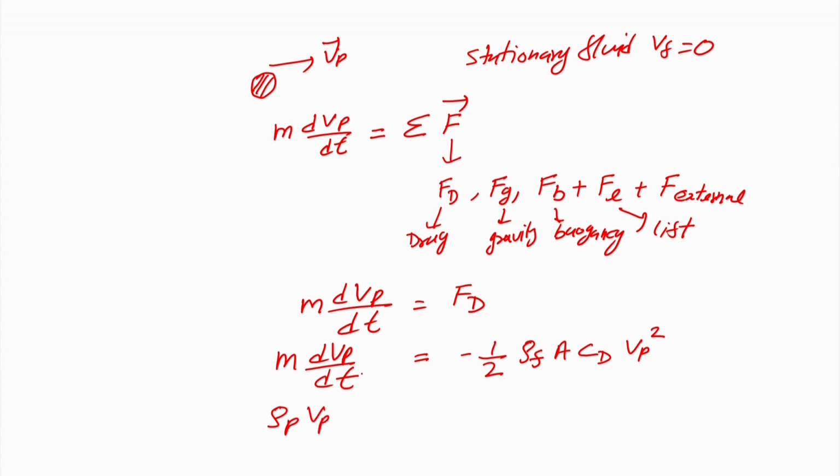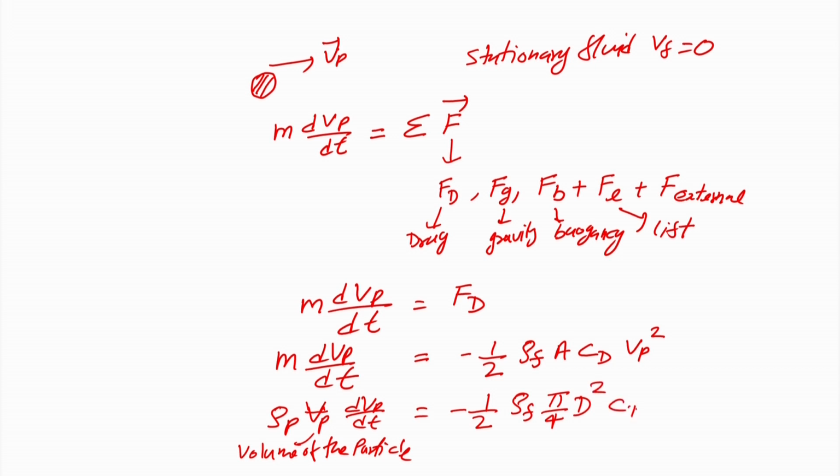So, rho p into volume of the particle into dV p upon dt will be minus half, rho f, area of the particle, and if the particle is spherical, the area will be pi by 4 d square, into C d into V p square.